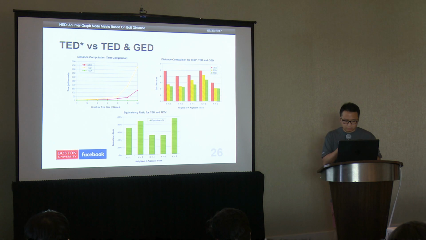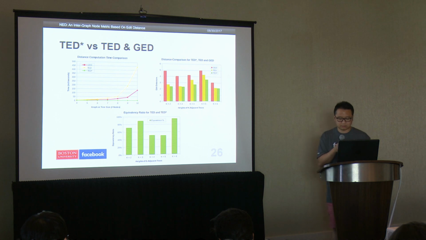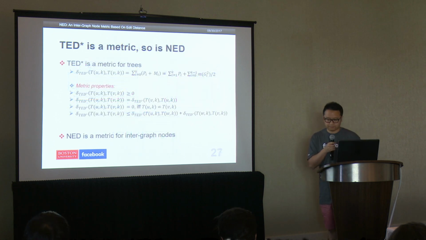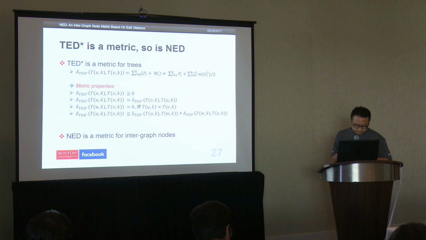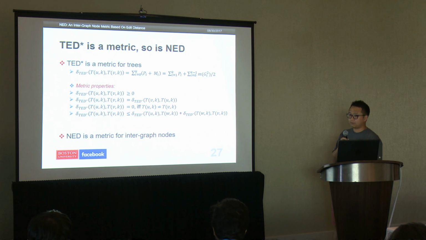And we found the modified tree edit distance is a good approximation of the tree edit distance, even though we introduced one constraint, because we find that in real world cases, changing the node level is not common. So that's why we can achieve a similar distance between the modified tree distance and the original tree distance. And then we found the modified tree distance is a metric for trees.